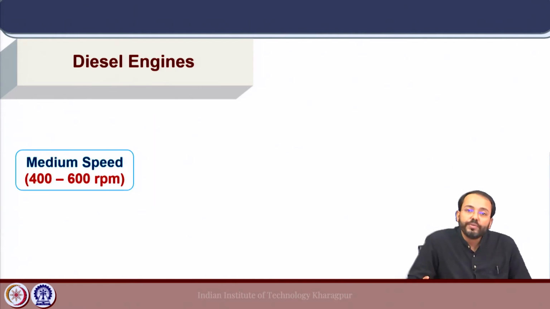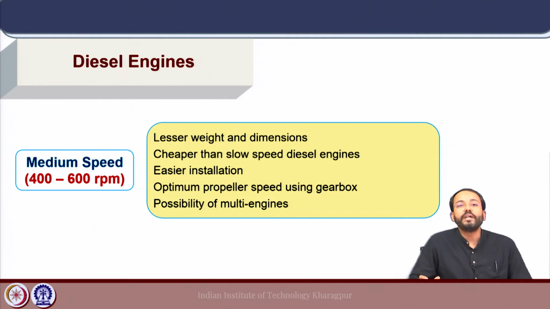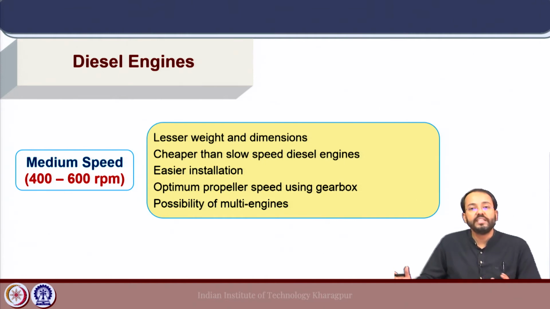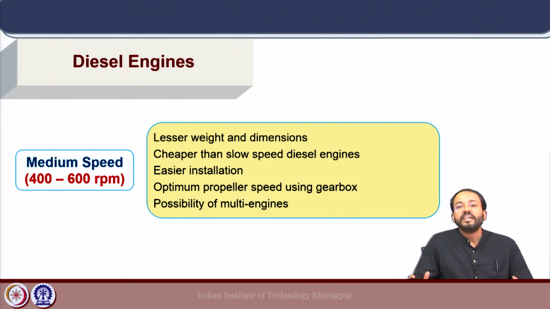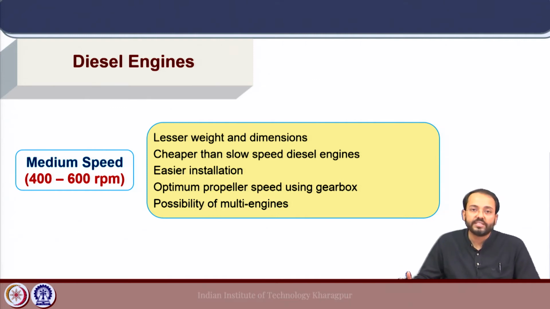Next, the medium speed diesel engines, which operate in the range of 400 to 600 RPM in general. The weight in this case is lower and the dimensions are also smaller compared to slow speed engines. They are cheaper than slow speed diesel engines and installation is easier because of smaller dimensions.